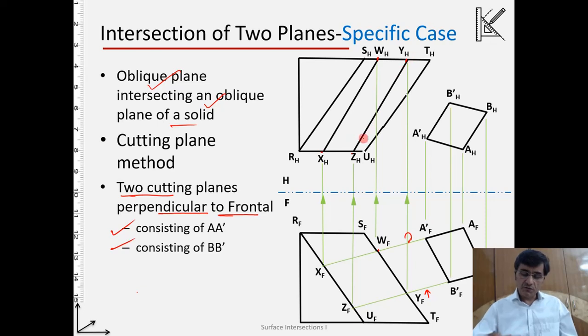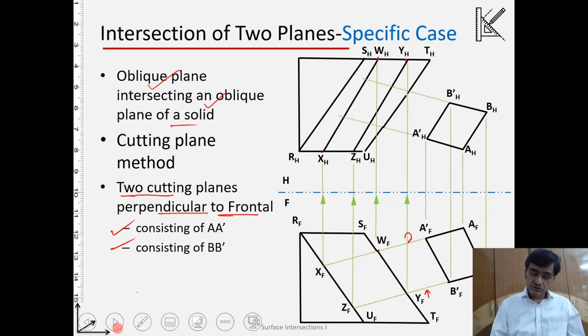Now from here we will try to see where the projection of line BB is intersecting with YZ and AA is intersecting with XW. Because those will be the points of intersection, because XW here, or the cutting plane here, consists of AA. We know that.